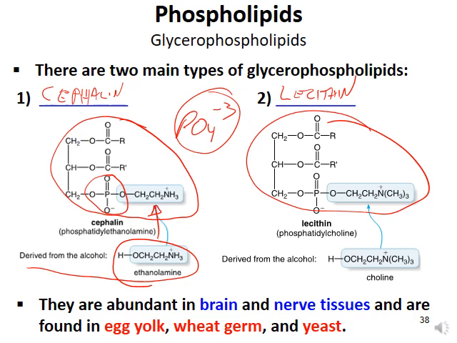And this is similar. Choline, that's actually something that we'll run into later on, amino acid part. Okay, they are abundant, these are in brain and nerve tissues, and we find them when we eat egg yolk, wheat germ, and yeast.